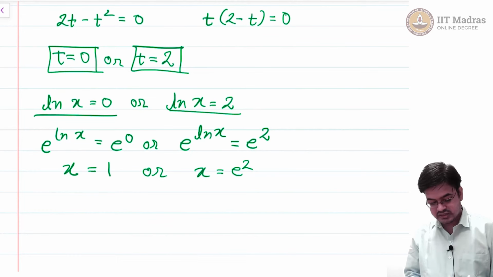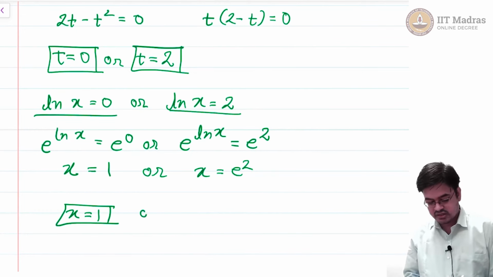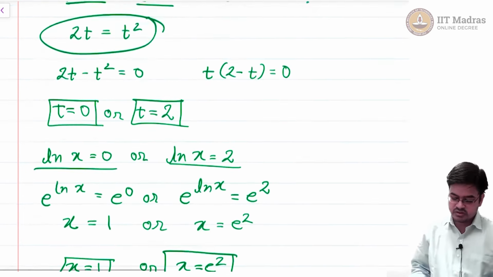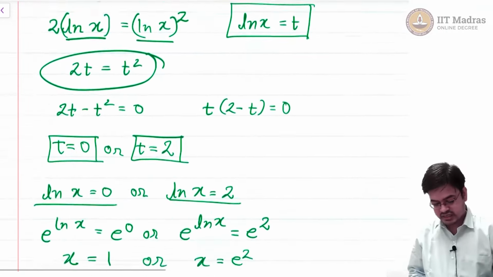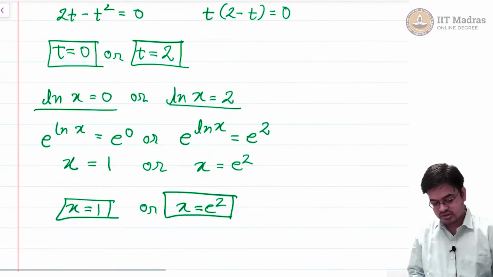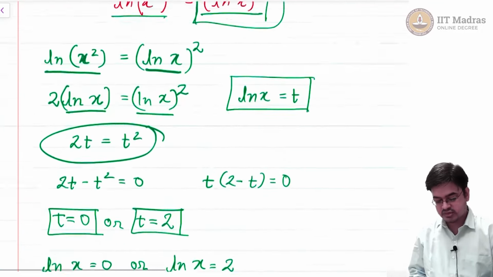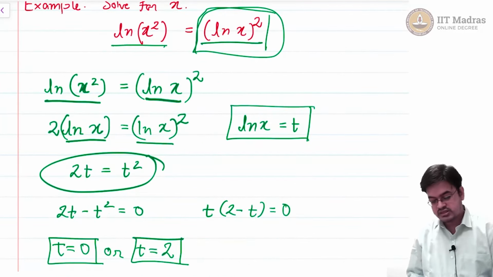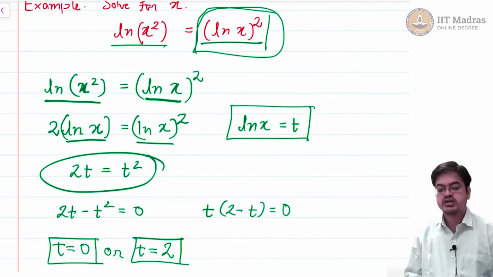So x is equal to 1 is one answer, or x is equal to e square is another answer. It is good to go to the original problem and check whether these conditions are satisfied or not. So first let us check x is equal to 1. If x is equal to 1, ln of 1 is equal to ln of 1 square. What is ln of 1?